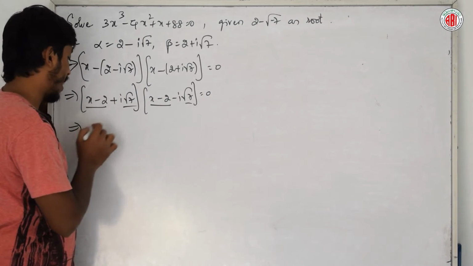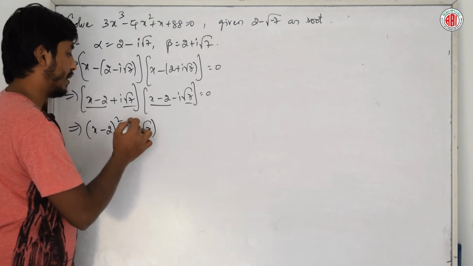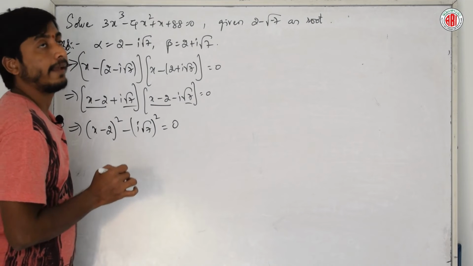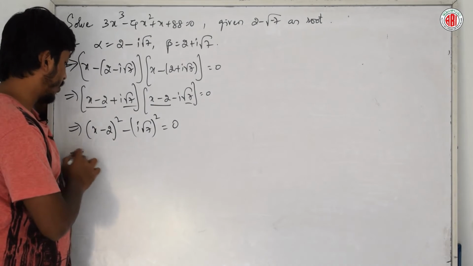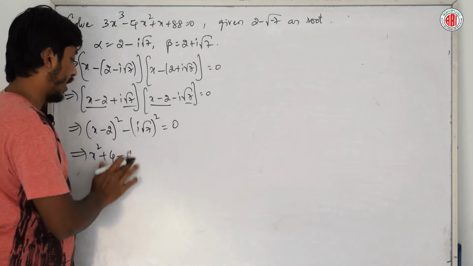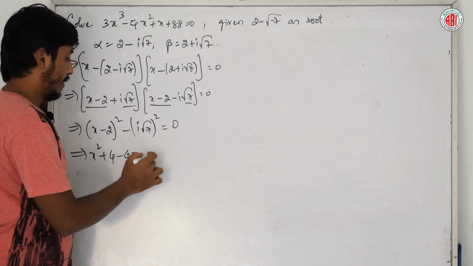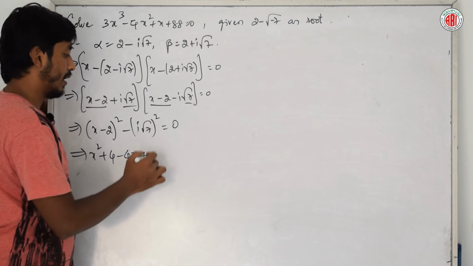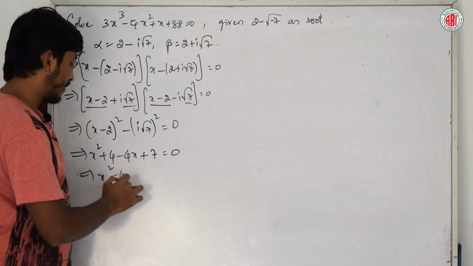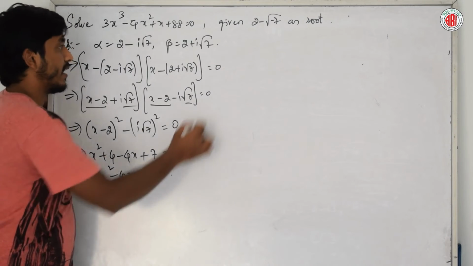So what do we get now? a square minus b square equal to 0. Okay, fine. Now a minus b whole square, what is it? a square plus b square minus 2ab. That is 4x. Here i square is minus 1, 7 square is 7. Now just add: x square minus 4x plus 7 plus 4 is 11.